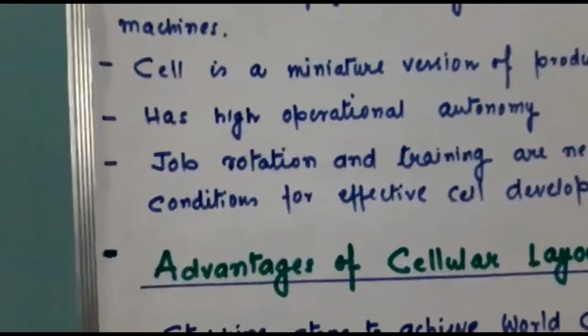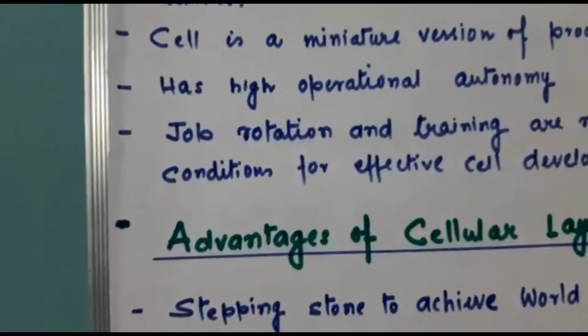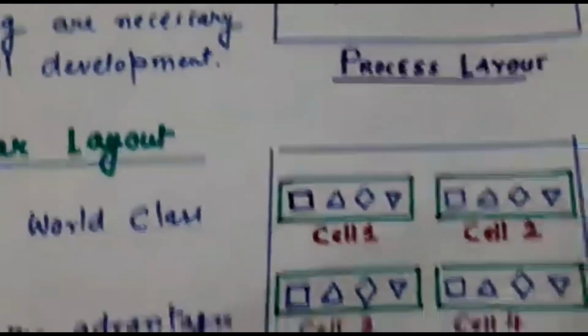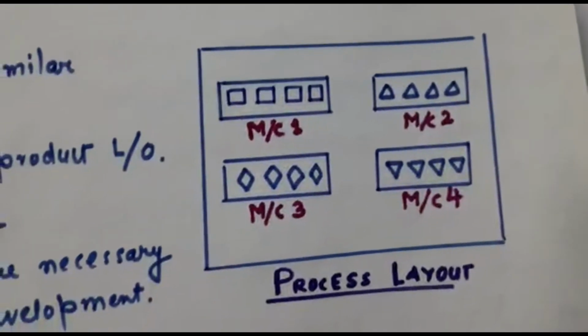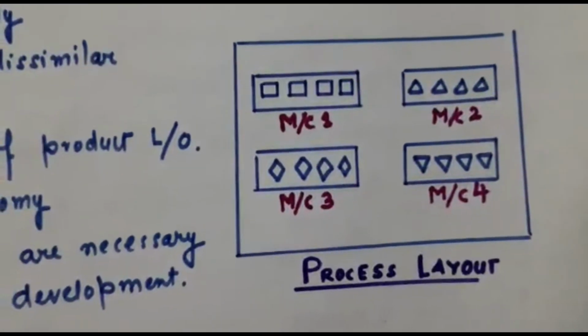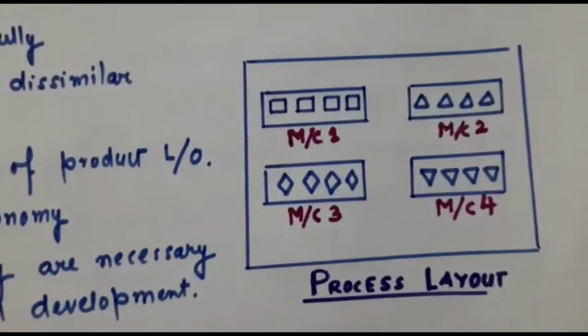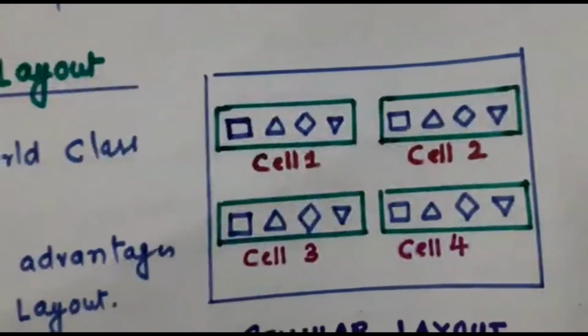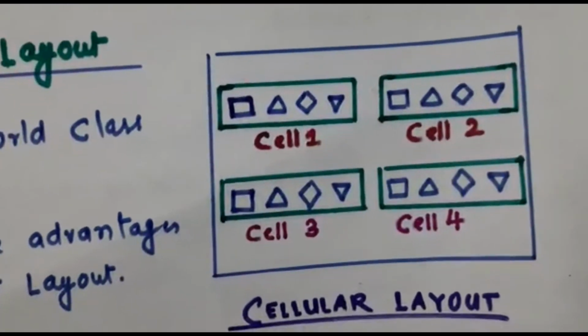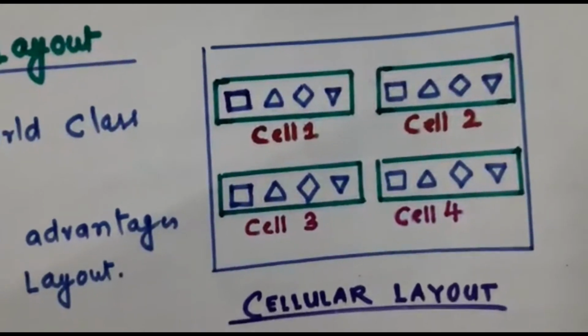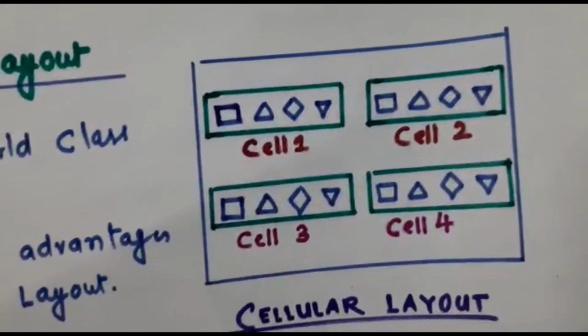So here we see that in cellular layout, the machines are grouped together to form cells, as we have seen here. Just see, in case of process layout, what happens? All the machines which are of similar type, they are grouped together, right? Machine 1 are grouped together, machine 2 are grouped together. But in case of cellular layout, the machines which are needed to process a product family are grouped together to form a cell.